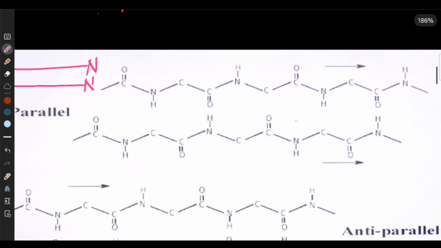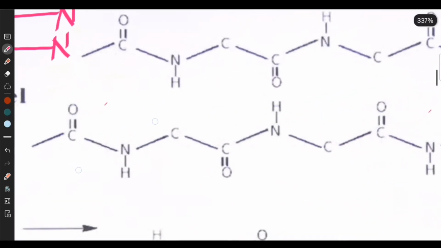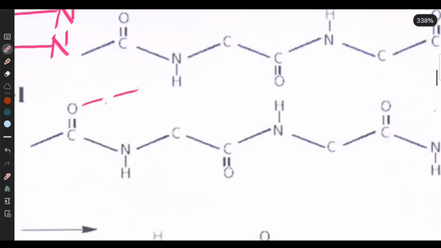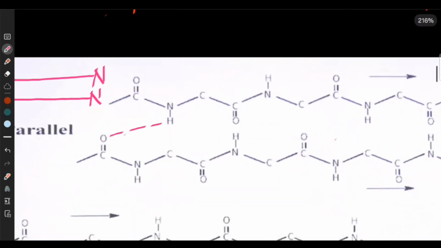Now let us try to see what kind of hydrogen bond will be favorable in this parallel beta sheet. So I think this should be one of the hydrogen bonds, between this carboxyl group and this amino group, right? As you can see, the hydrogen bond is inclined at an angle.